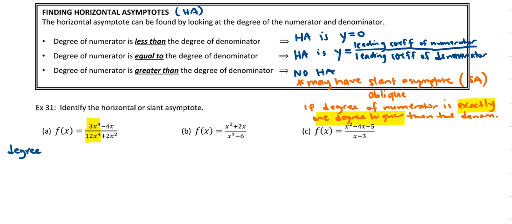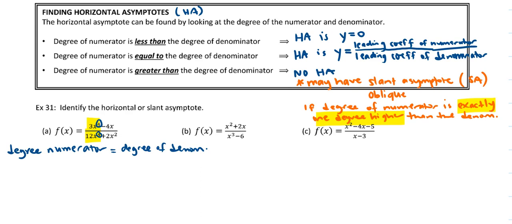Degree of numerator: what is it? Well, it's the highest power you see. It's equal to 4. And the degree of the denominator happens to be the same thing.